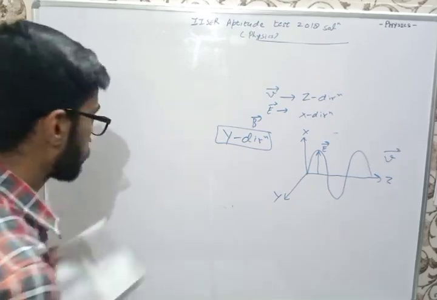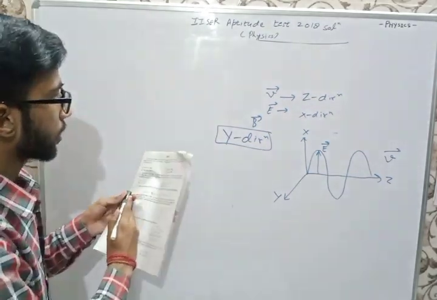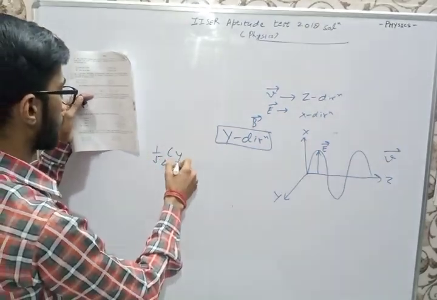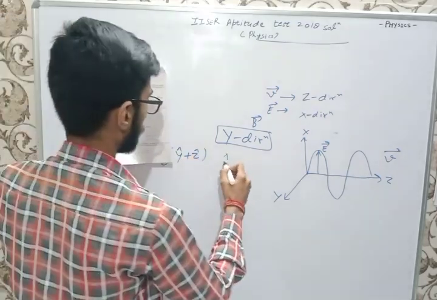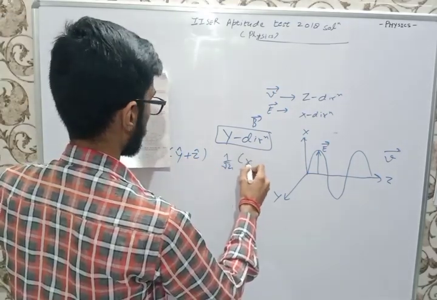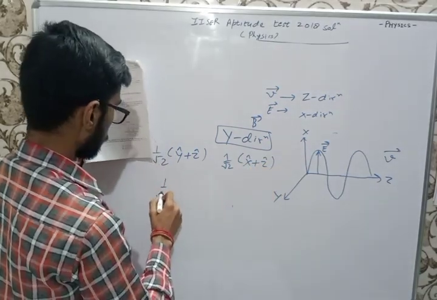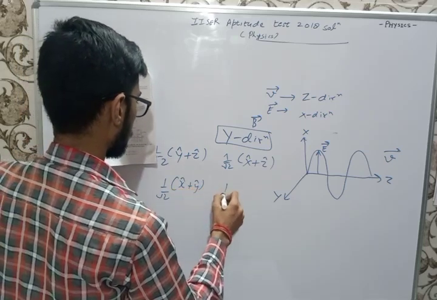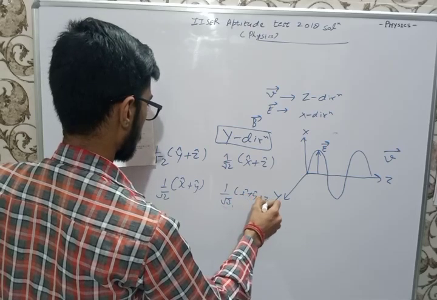But in the options there is nothing about the y direction. All the options are in a plane. Some have 1 over root 2 times y cap plus z cap, 1 over root 2 times x cap plus z cap, 1 over root 2 times x cap plus y cap, 1 over root 3 times x cap plus y cap plus z cap.